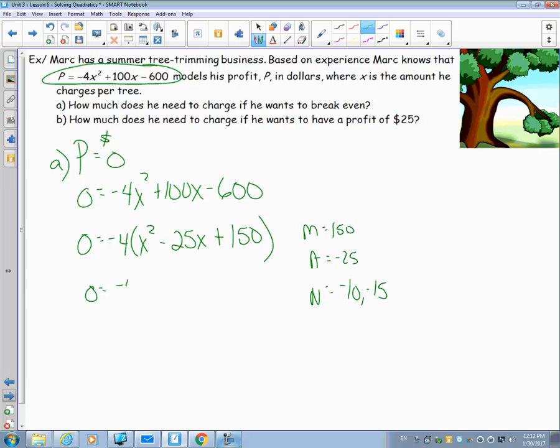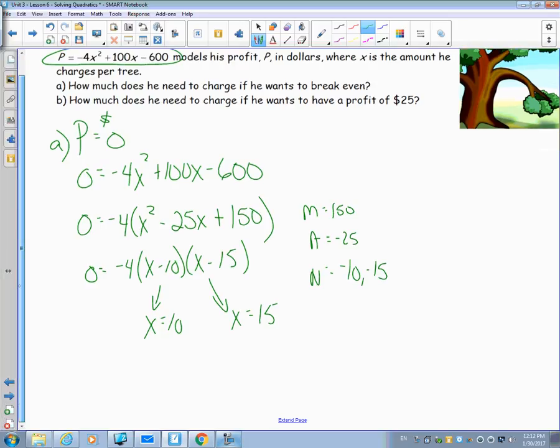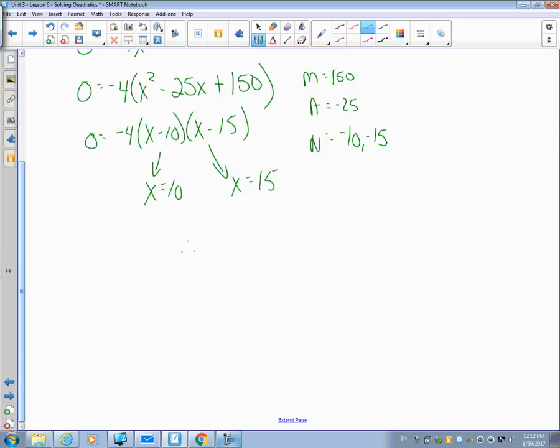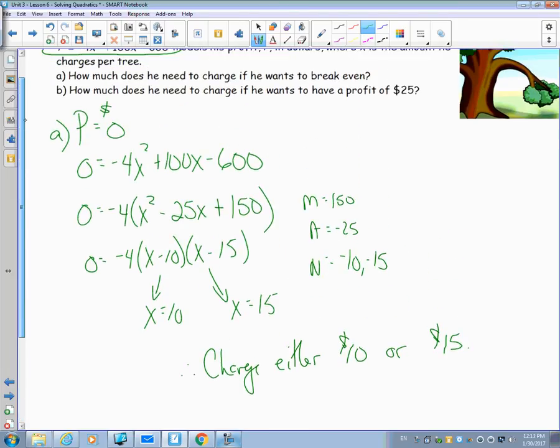So if we put those into our brackets, we'll get x minus 10, x minus 15. What are the answers? Well, they're either 10 or 15. So there's two different prices he could charge. He could charge either $10 or 15. Odds are if he charges 10, he'll cut a fair number of trees down. If he charges 15, he'll make more money per tree, but probably cut less trees down. And that's usually how money models work with quadratics.